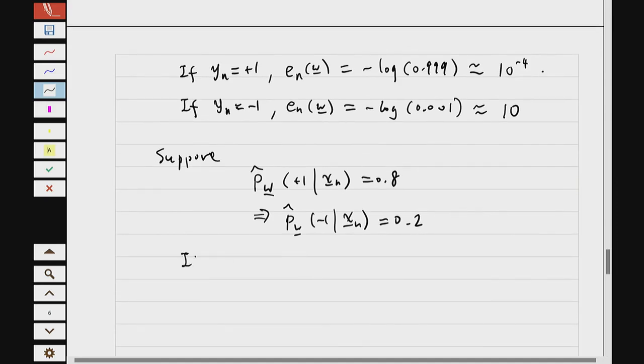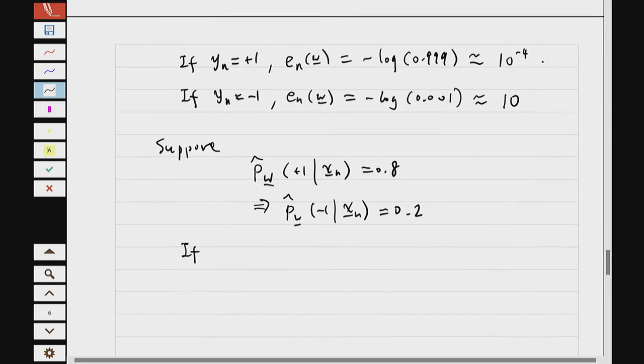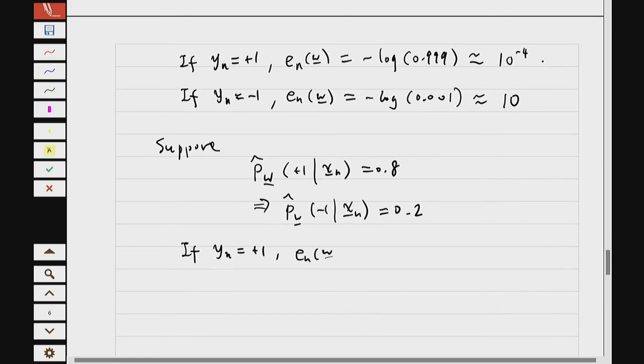So that's your W, right? This is another line, for the same data point. Let's say if the data point has a +1 label, then the error, again plugging in 0.8, turns out to be 0.22. Okay.